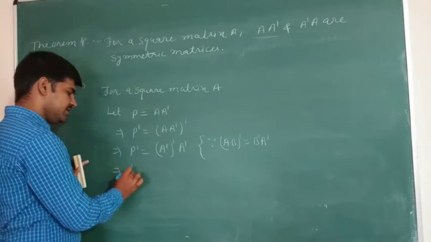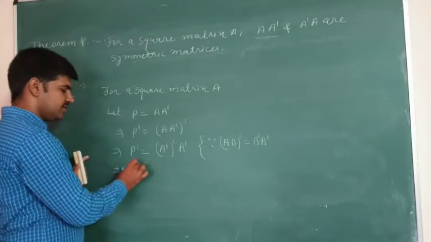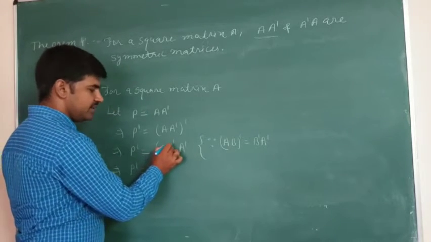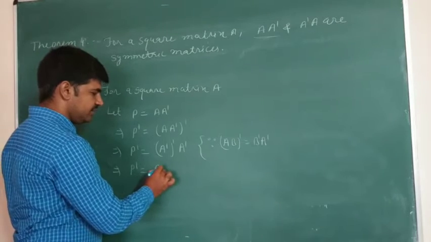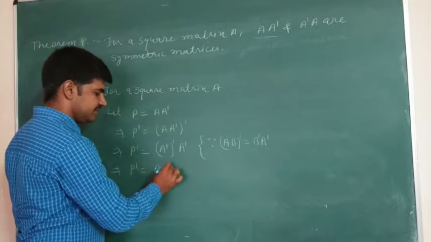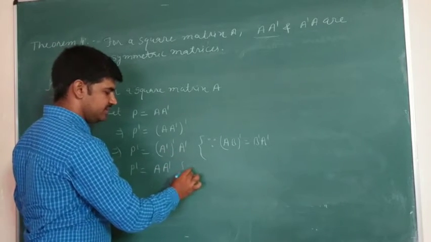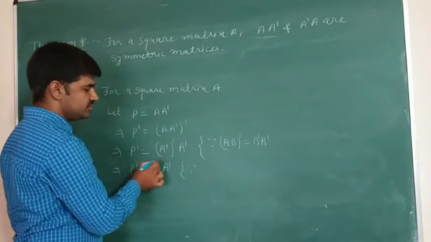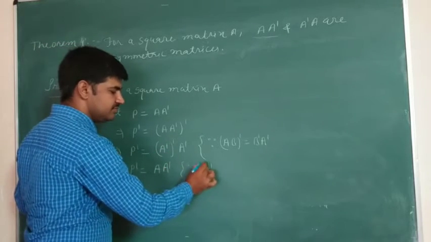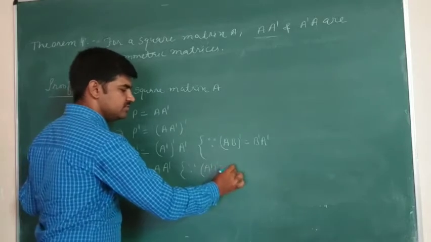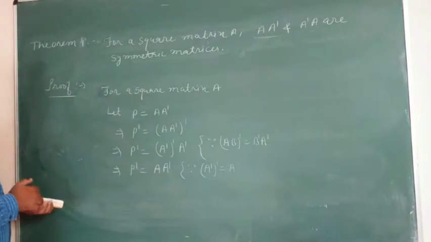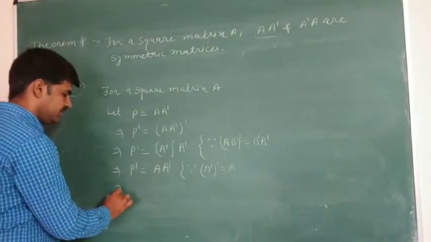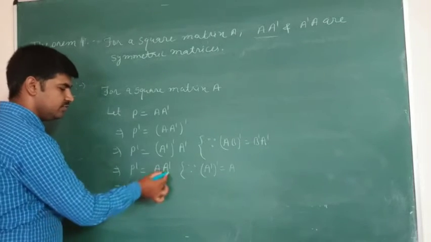Now this can be written as P dash, means the transpose of P, is equal to A double dash, which is equal to A only, and this is A dash. What property has been used here? A double dash is equal to A only. This is also one of the properties we have used here. And now this implies that P dash is equal to, what is this?